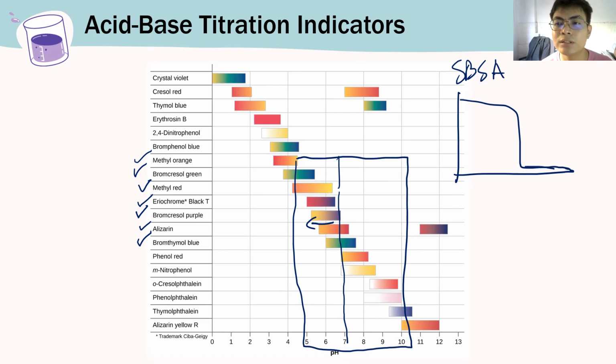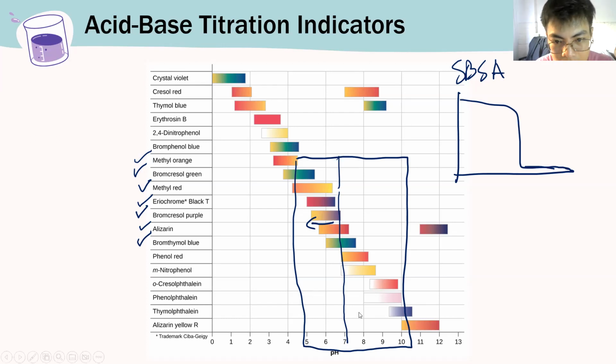You choose an indicator which will change color just in the right time when your analyte is being fully converted into products. And then yung range ng pH ng color change should be either greater than 7 for strong acid, strong base, or less than 7 for strong base, strong acid.